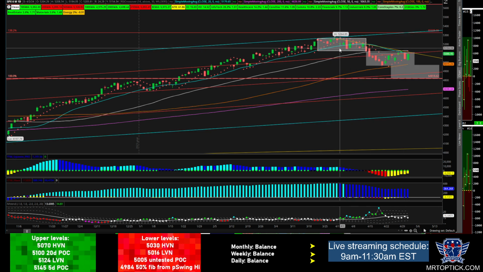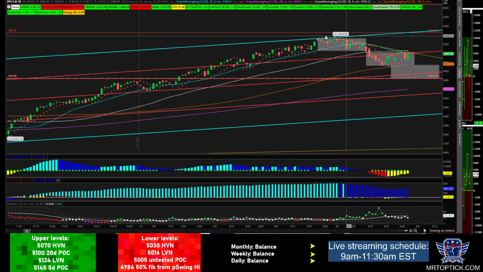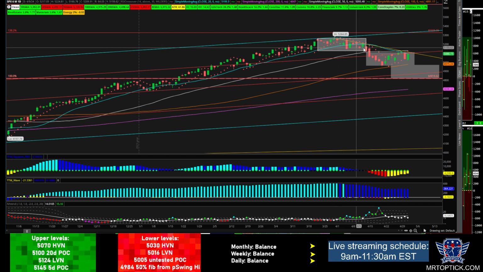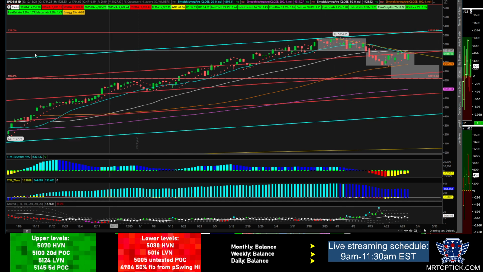If I had to do one to the upside, I would probably look for somewhere around where the volume is on this area, which if I look at ES, most of the volume is at 5,200, which would actually be the bottom of this range, right?